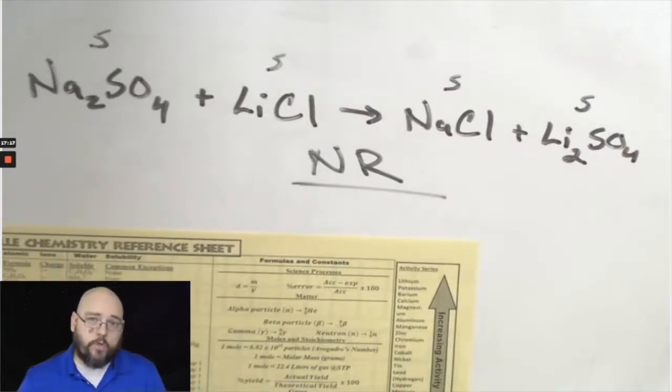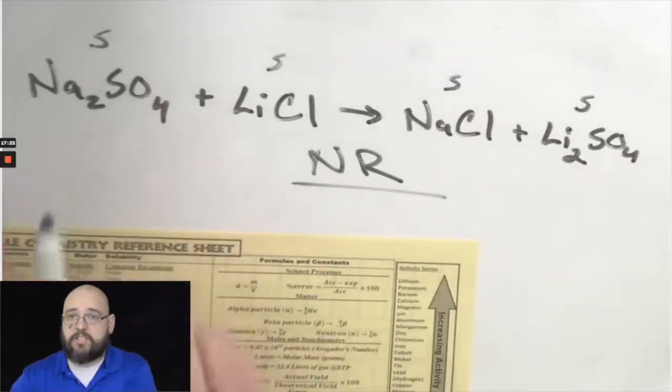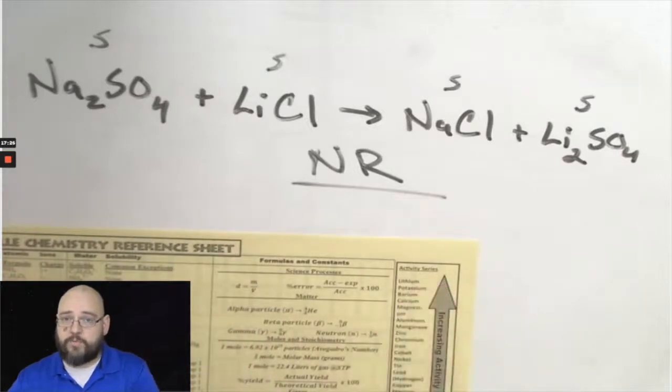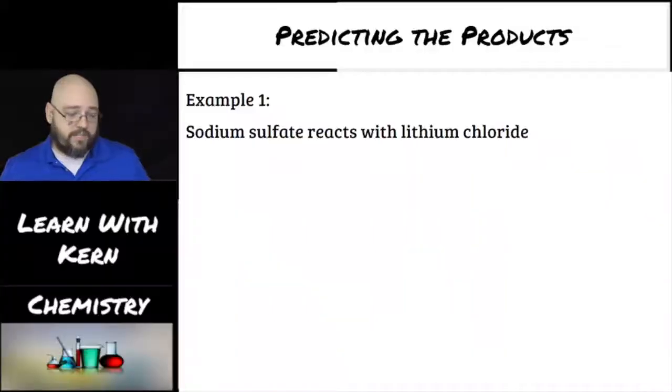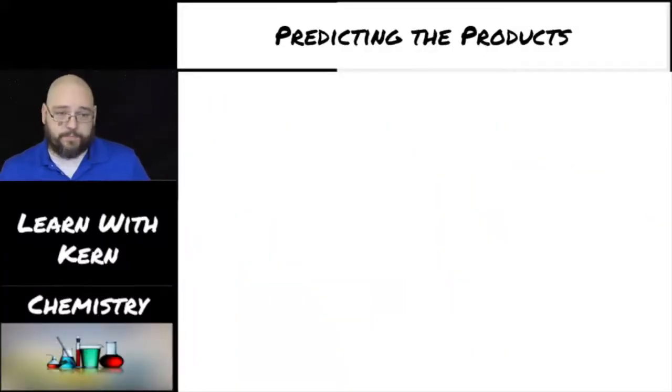So when they're all soluble, we say that no reaction takes place because these are going to break apart into their ions when they're in solution. We talked about that in a previous video. They're going to dissociate into their ions. Well, the ions don't really change anything, so we're going to say that that reaction doesn't actually happen. Example the second.